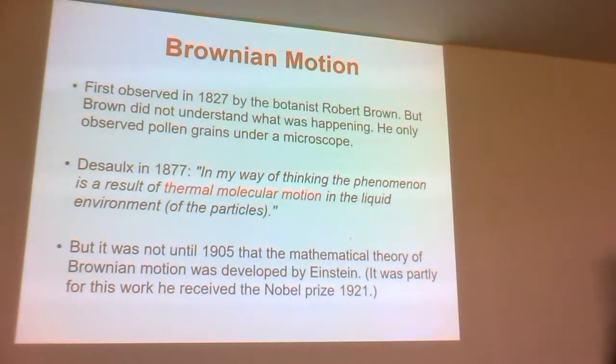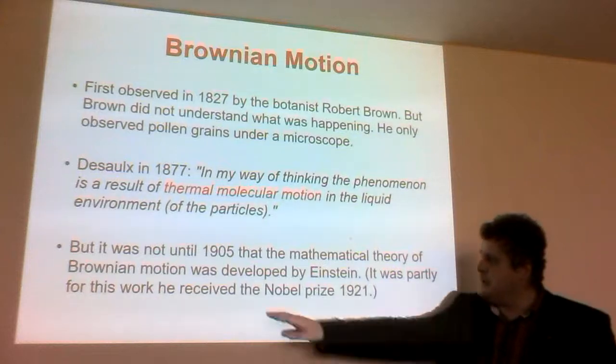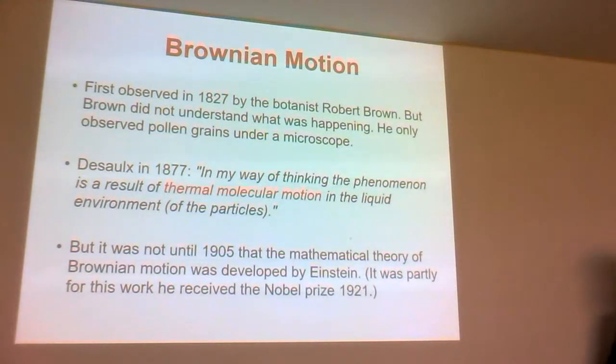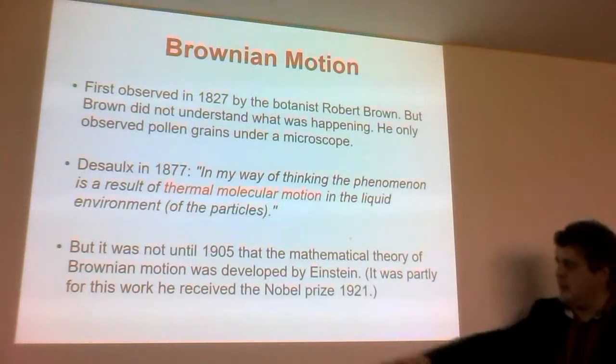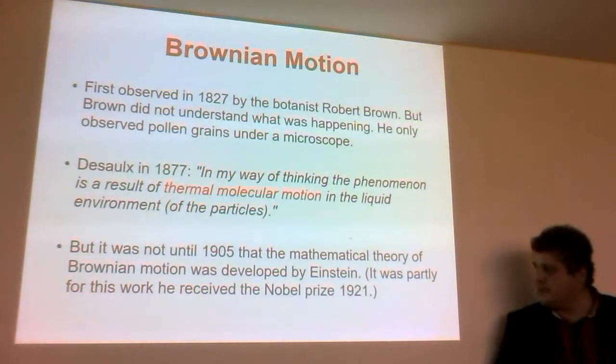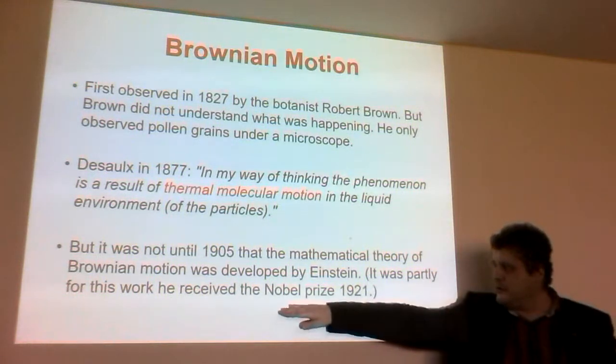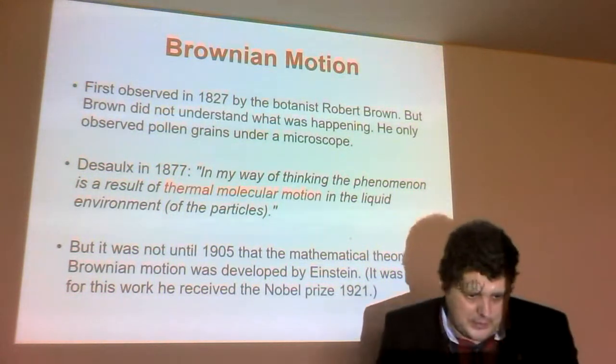Only later was the mathematical theory of Brownian motion developed by Einstein, and partly for this work he received the Nobel Prize in 1921.